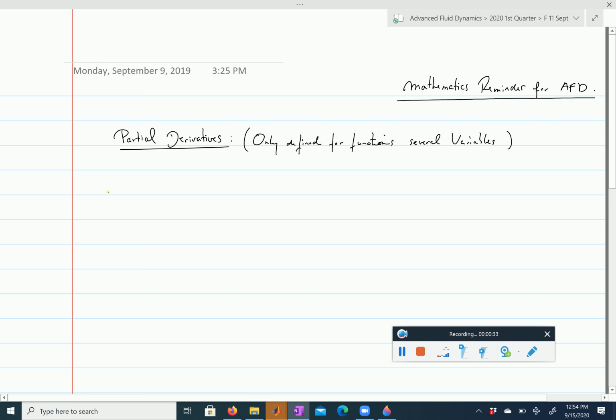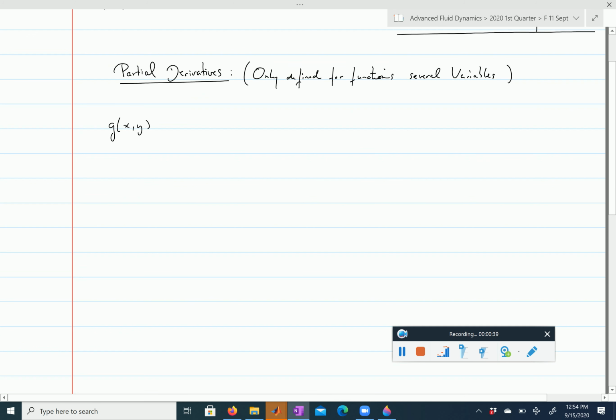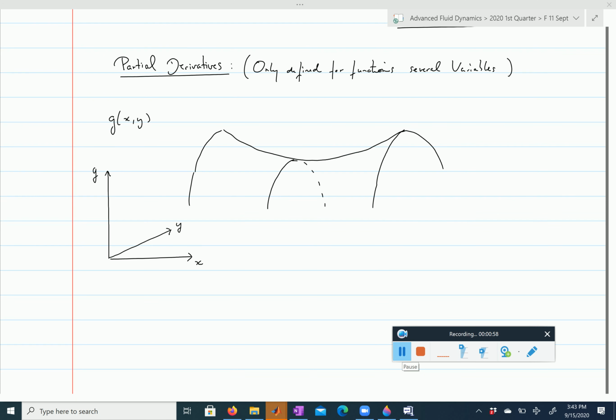So here, let's assume we have a function g of two variables, x and y. Right? So in that case, what does that mean? That means that the value of a function, g, is now a function of not just one variable, x, but also of another variable, which we're going to call y. So here is a function.